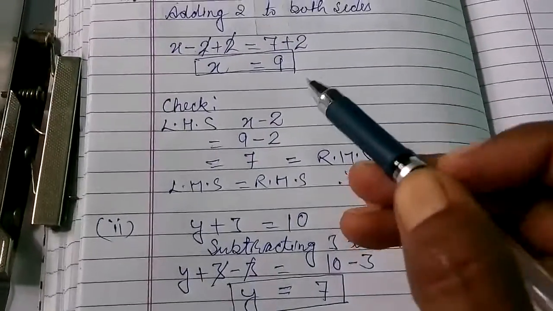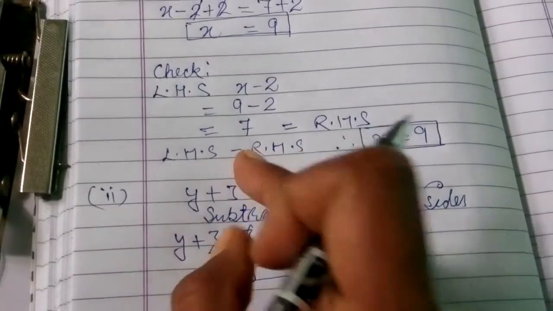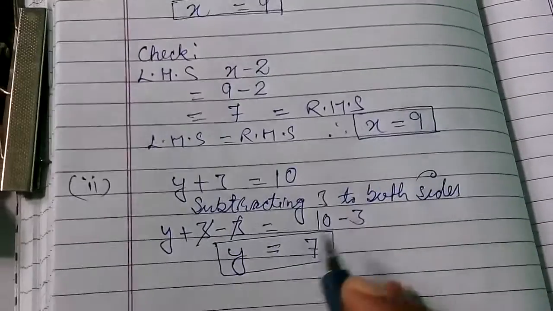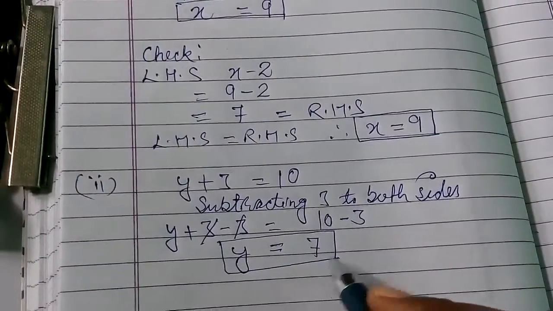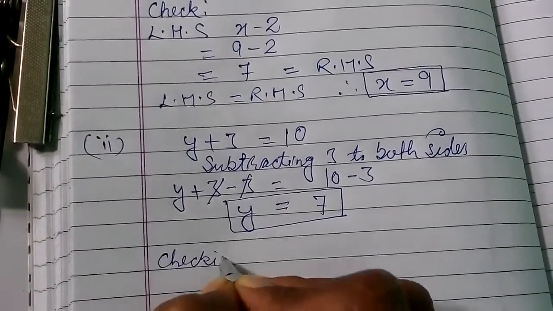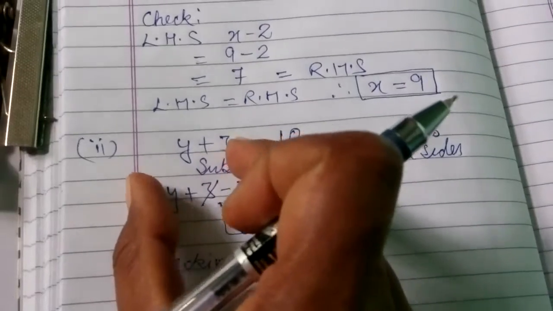Don't get it into your mind that you will get 7 here too. It's not like that, but you are getting the value of y is equal to 7. That means 10 minus 3 is equal to 7. Now check your answer. For checking, you will take that side which has the variable.